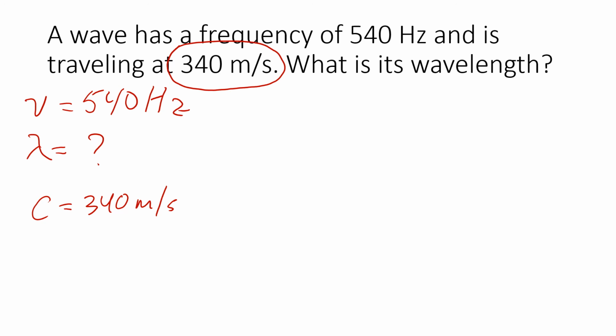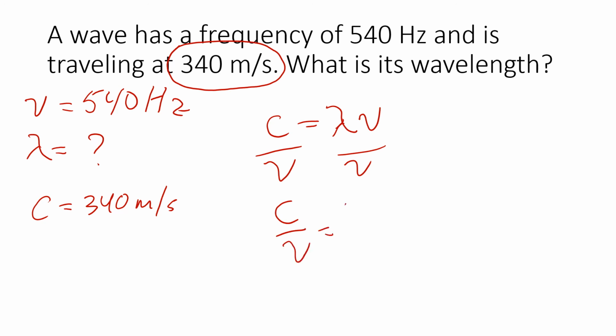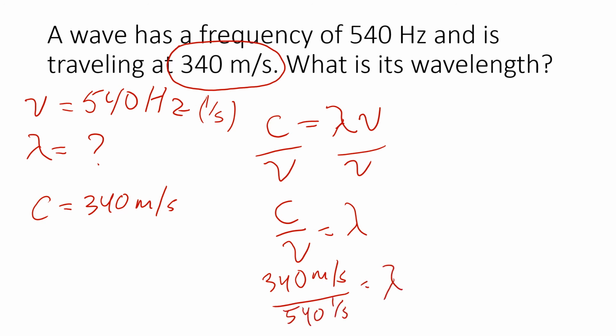So we then write down our equation. I am trying to solve for wavelength, lambda. So I'm going to divide both sides by the frequency, and I'm going to end up with c over frequency equals wavelength. So remember that hertz is actually 1 over seconds. So plug in my numbers, 340 meters per second divided by 540 1 over seconds, or hertz, and that's my wavelength.